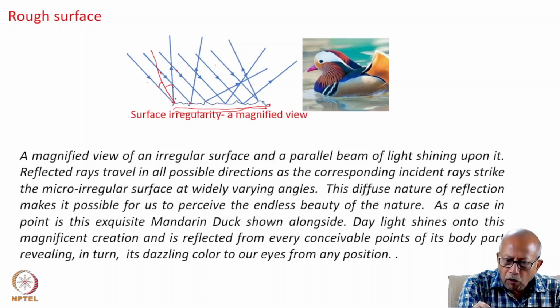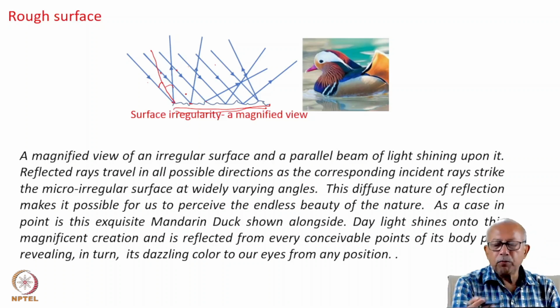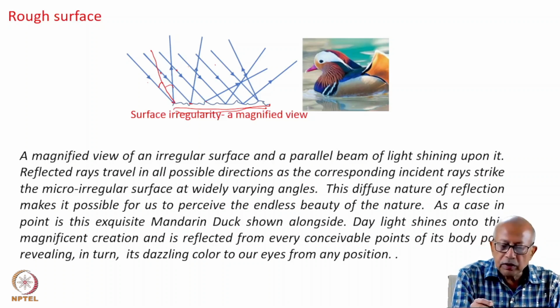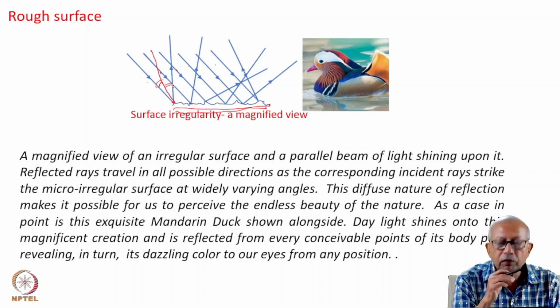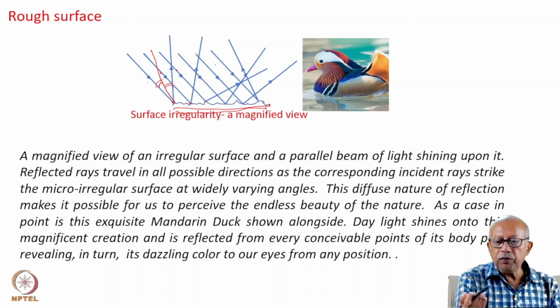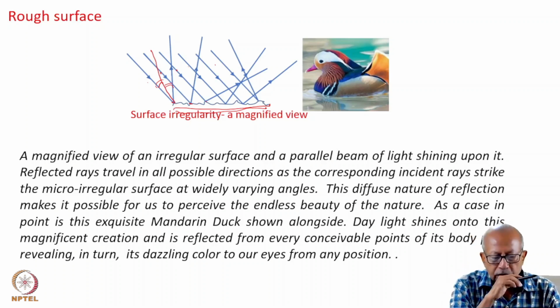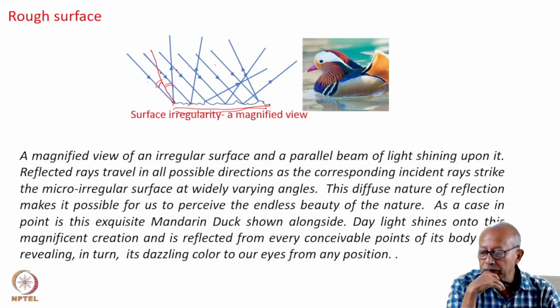Although all these reflections follow the specular law of reflection, that is, angle of incidence equal to angle of reflection, because the reflected rays travel in all directions, this kind of reflection is often termed diffuse or non-specular reflection. This diffuse nature of reflection makes it possible for us to perceive the endless beauty of nature.